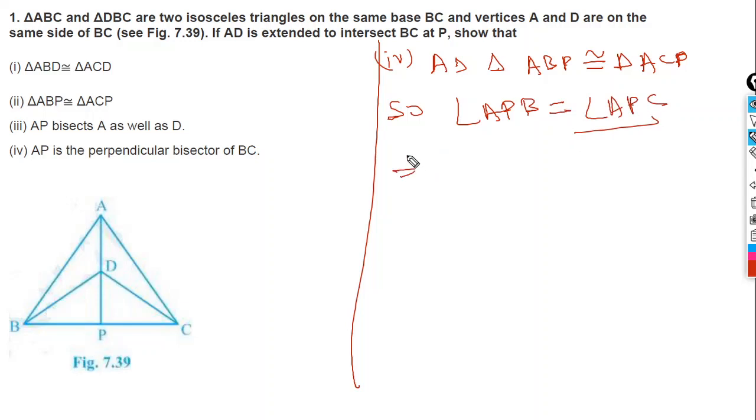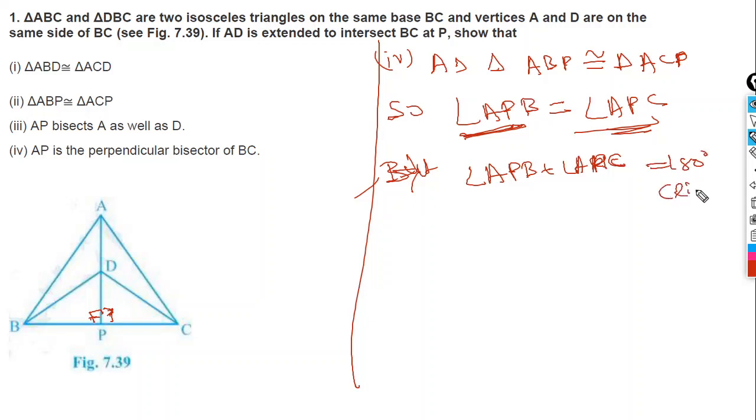Here you can see these two angles are a linear pair, therefore their sum will be 180 degrees. So you can write angle APB plus angle APC equals 180 degrees.